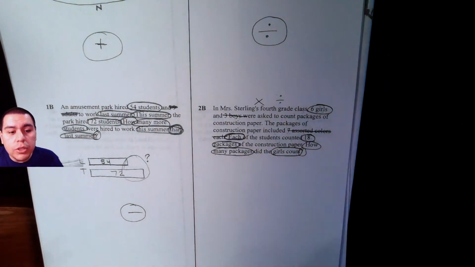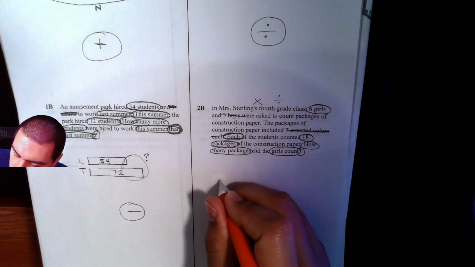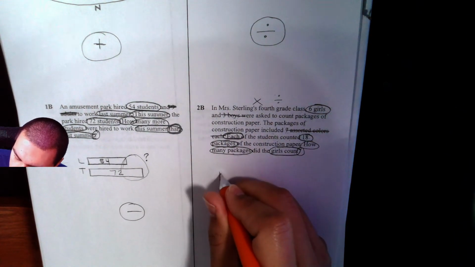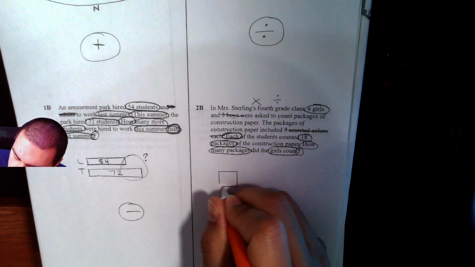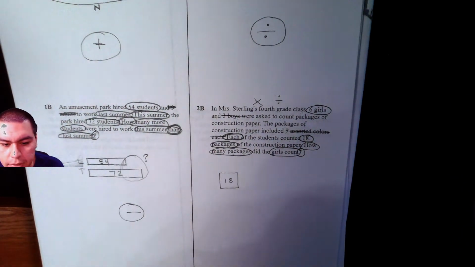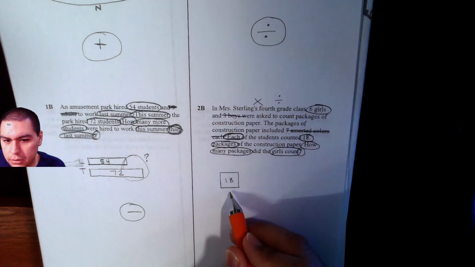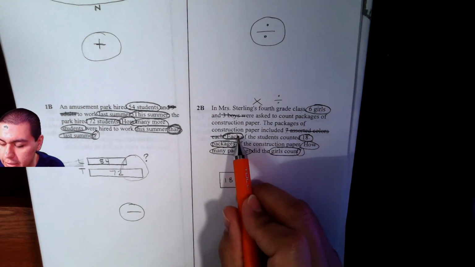Now we just need to see which one of those we need for this problem. Okay, so we have 18 packages that they counted. But these 18 packages were counted by, it says each of the students.